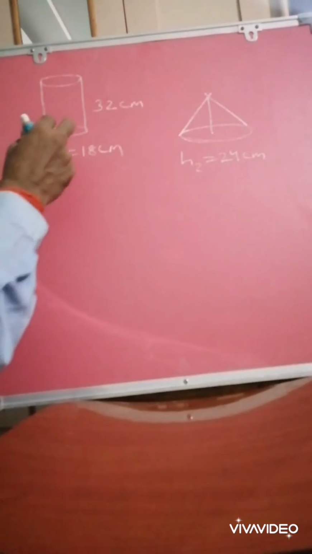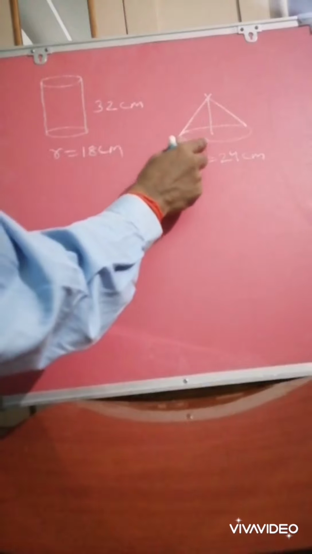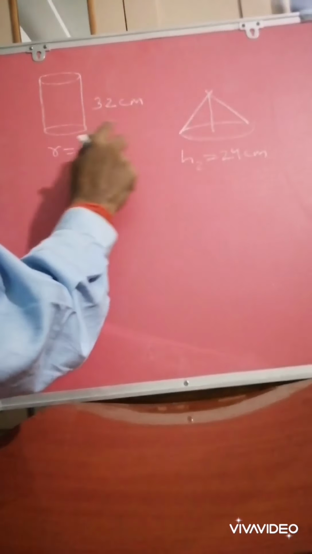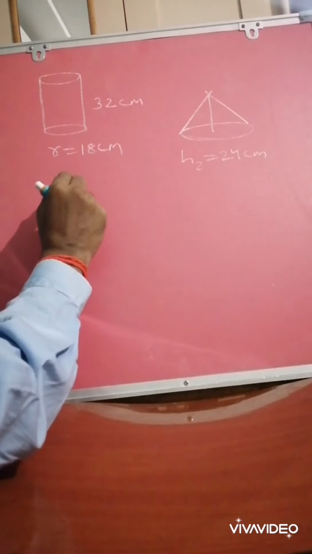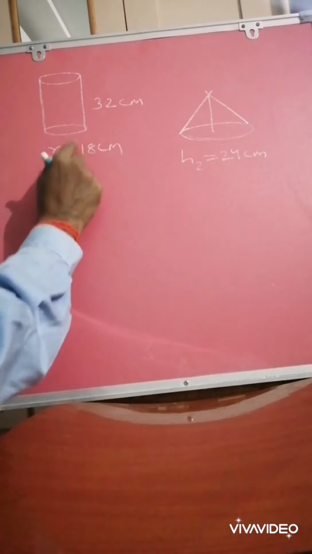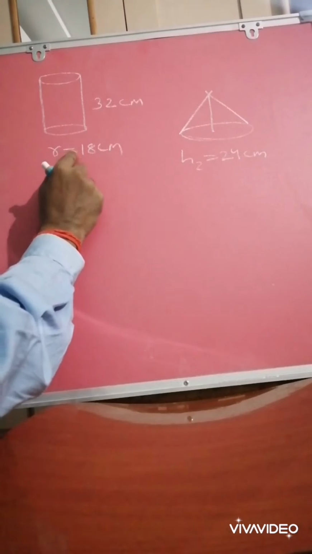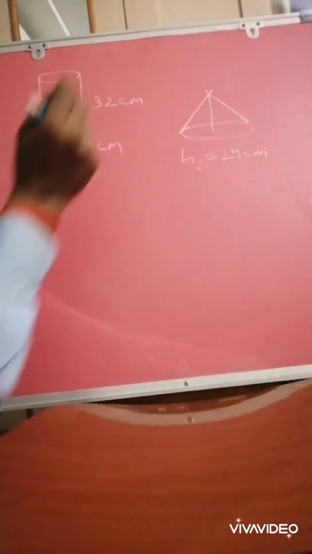As the sand in the bucket is emptied to the heap, in both cases the volumes are equal. The capacity of the bucket, the sand stored here, its volume is equal to the volume of the conical heap.